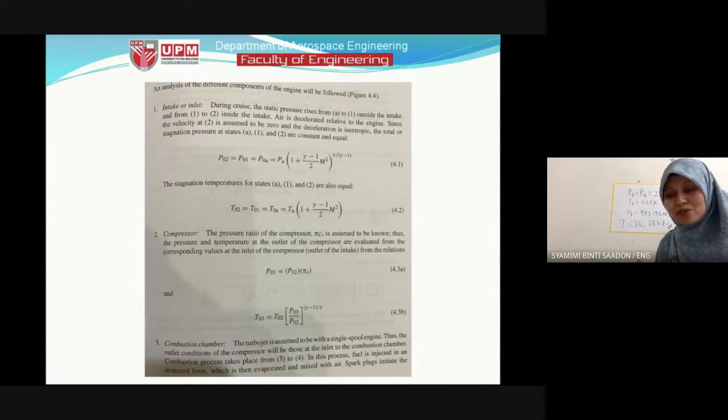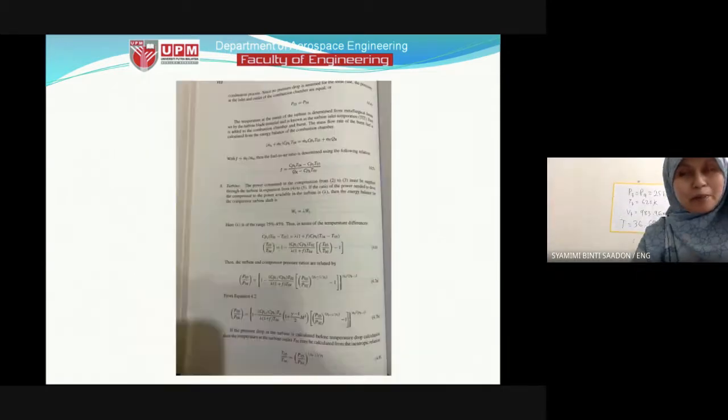We just use back the isentropic equation, the T-S diagram, all of that you have learned. So it's not a new formula, a new principle, or a new law. If you understand, revise back your thermodynamics class, the PV equals RT just now, the ideal gas equation.